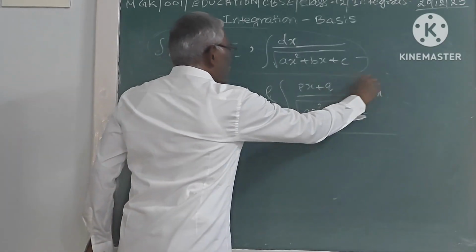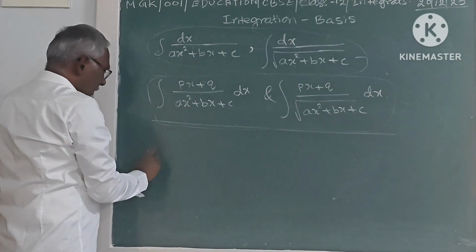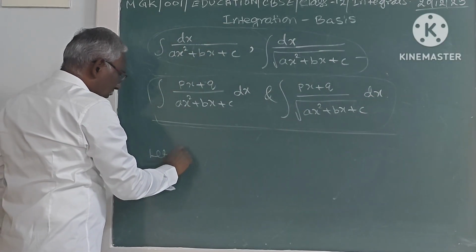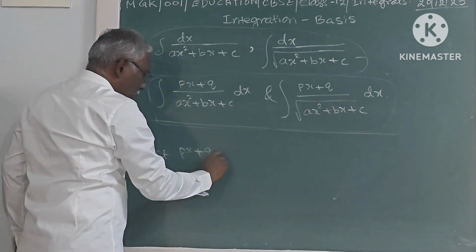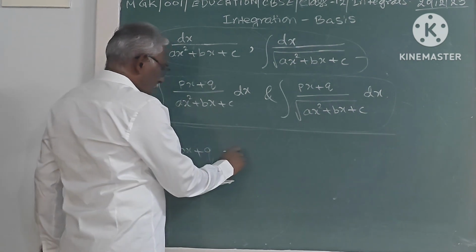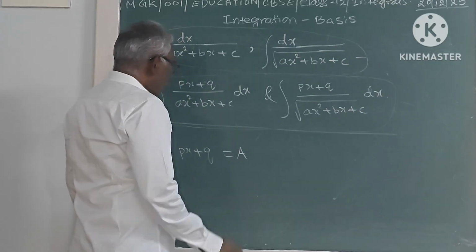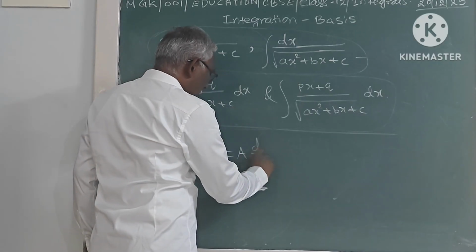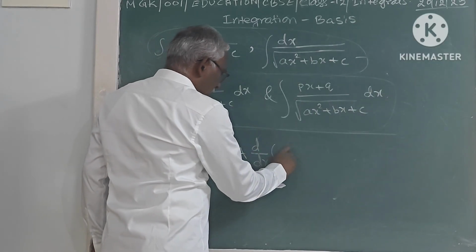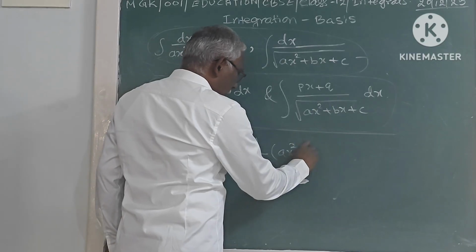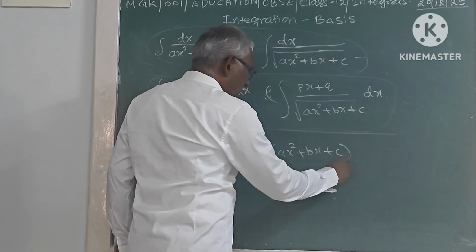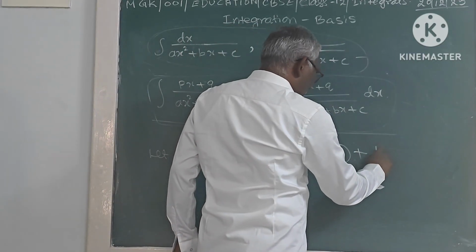Of these two integrals, we have to take, let px plus q be equal to A times differentiation of ax square plus bx plus c, plus B.